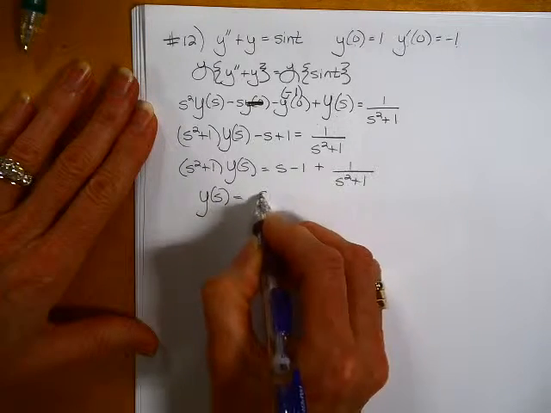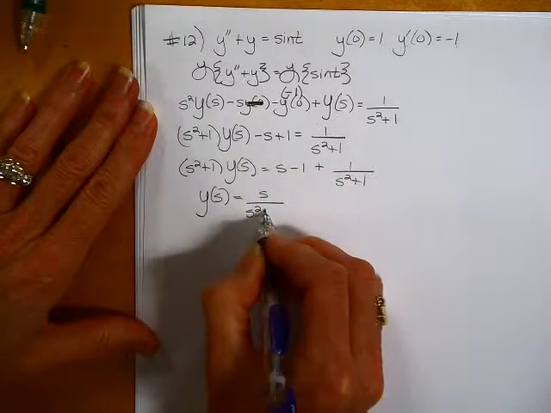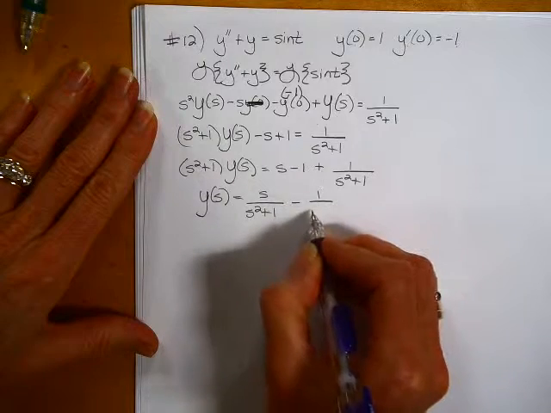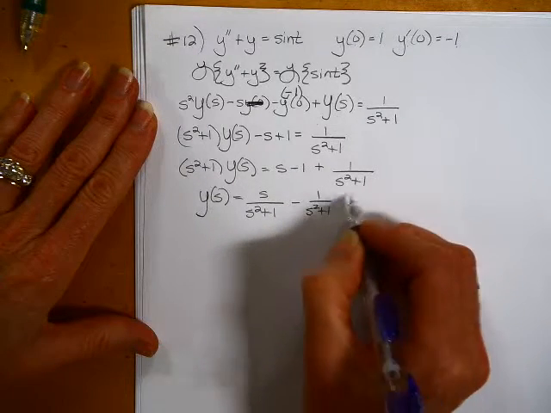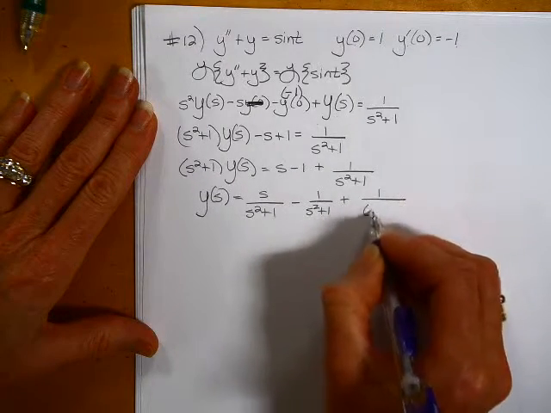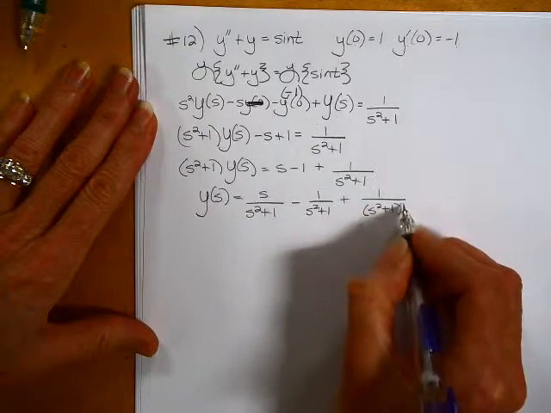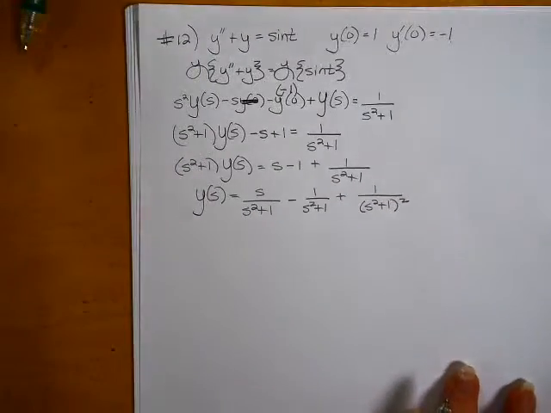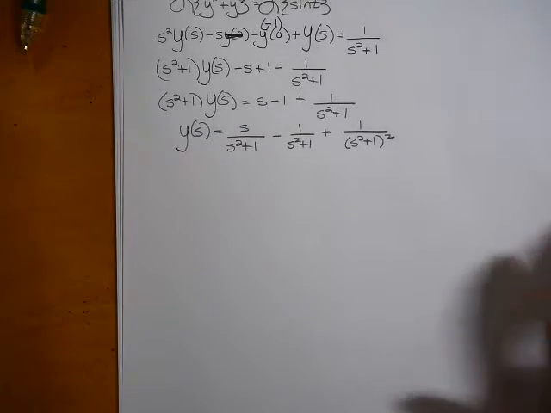Y of s is s over s squared plus 1 minus 1 over s squared plus 1 plus 1 over s squared plus 1 squared. Everybody with me?